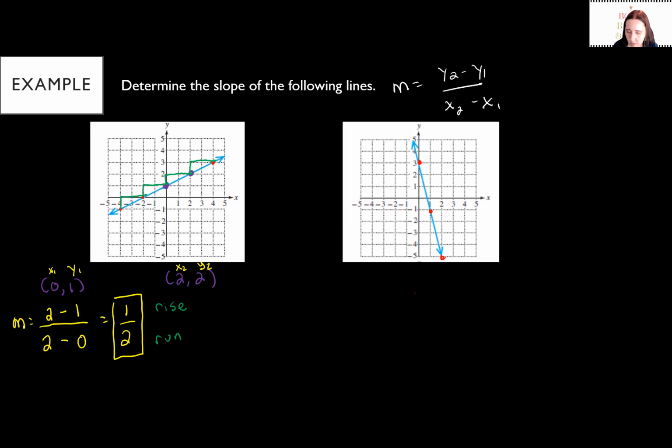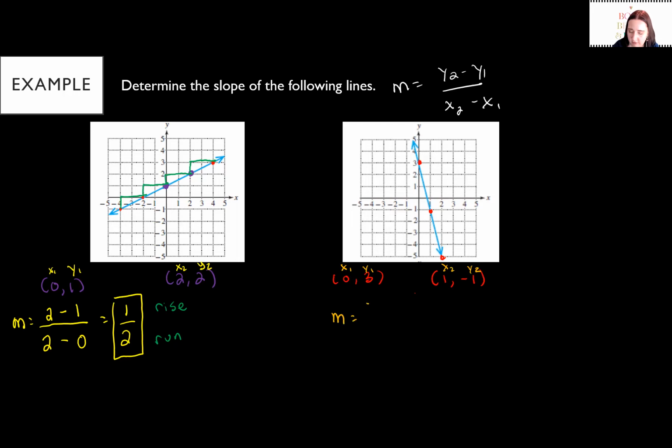So the first point I have here is 0, 3. 0 on the x, 3 on the y. And then I have 1, -1. So that's 1 on the x and -1 on the y. Again, I'm going to label these x1, y1, and x2, y2, and then plug them into the formula.